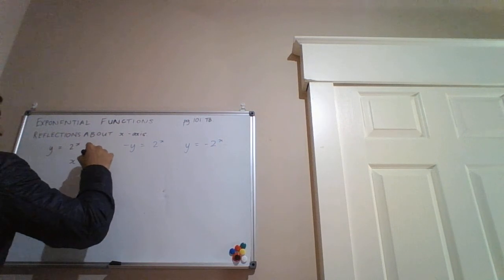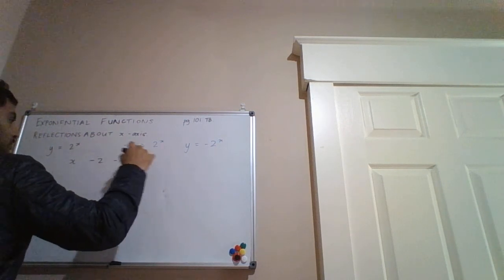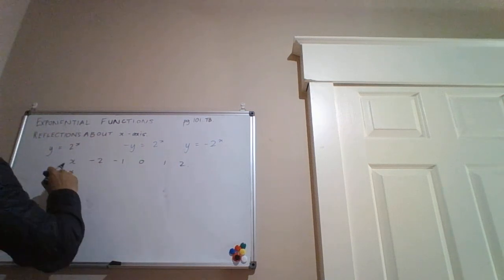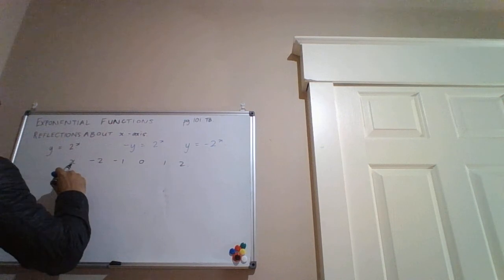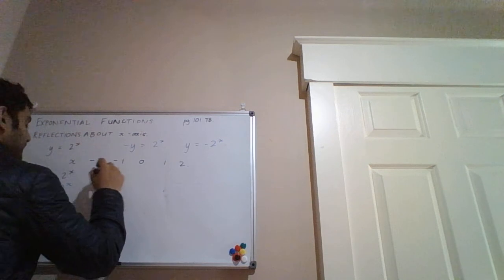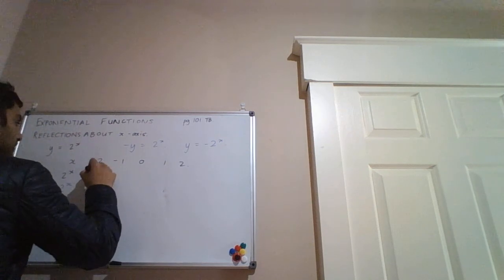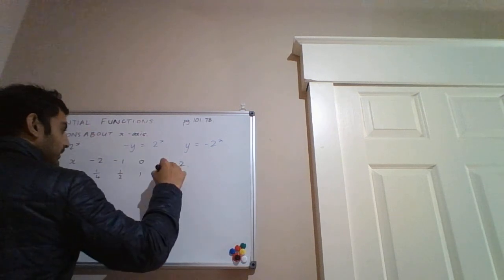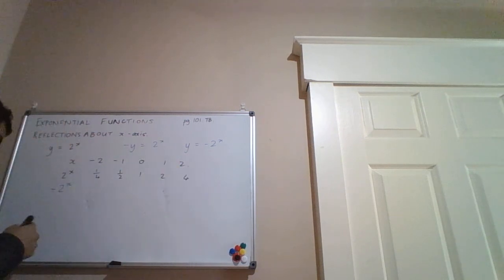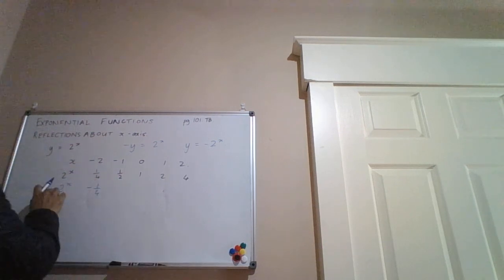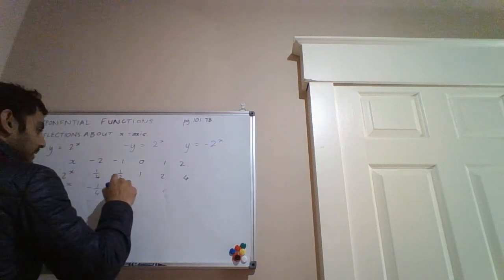Once again, we'll have x values minus 2, minus 1, 0, 1, 2. Our original graph 2 to the x, and our reflection minus 2 to the x. Quarter, half, 1, 2, 4. These values. So because it's minus of this thing, we can just put minus in front of all the y values.